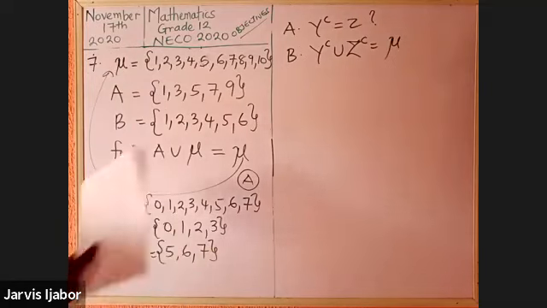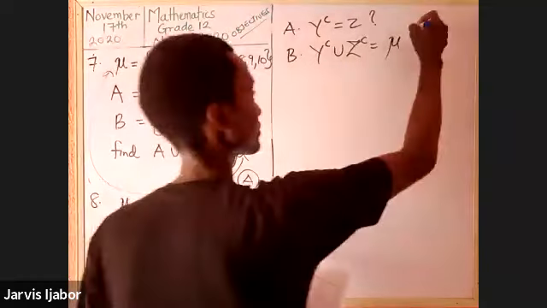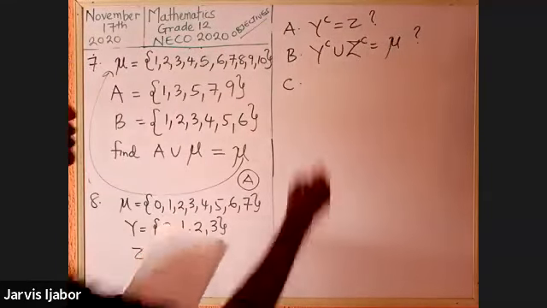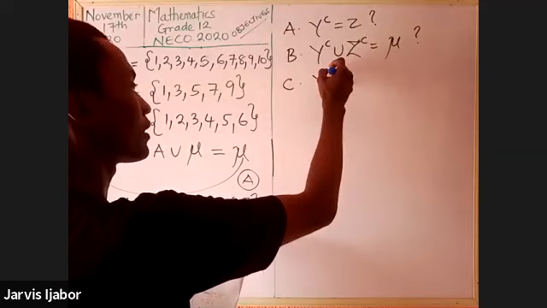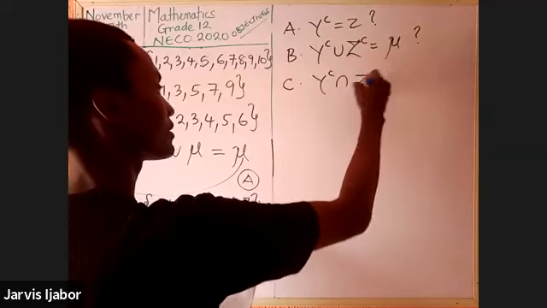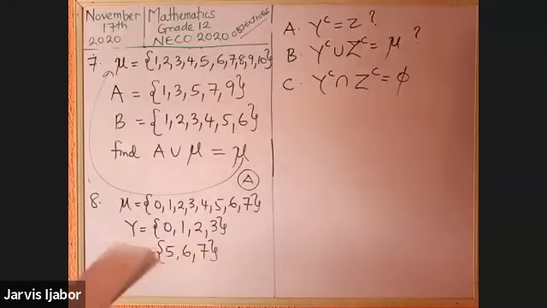What's your opinion on that? Think. C, outside of Y intersecting with outside of Z will give you the empty set. Is that correct? Think.